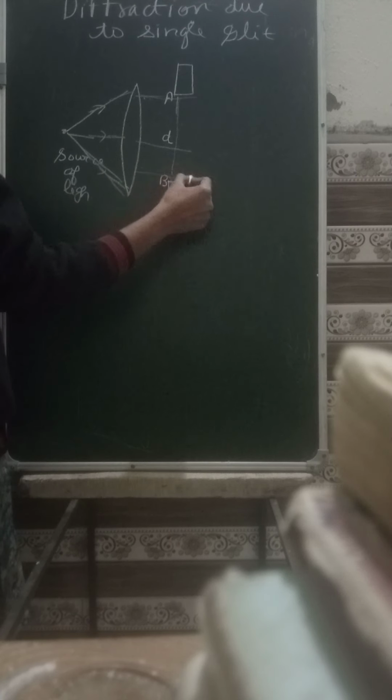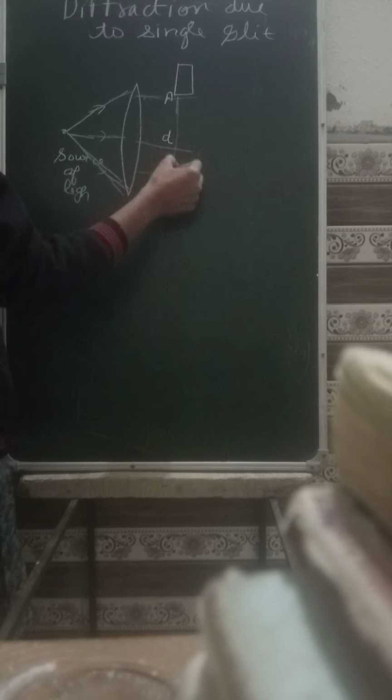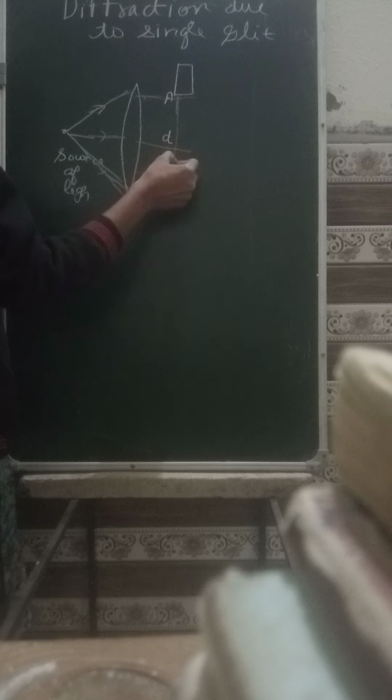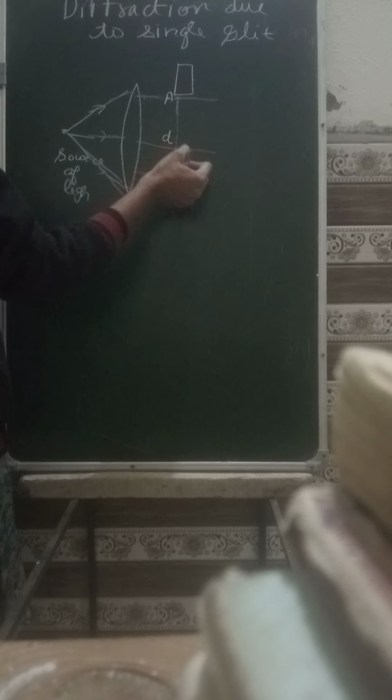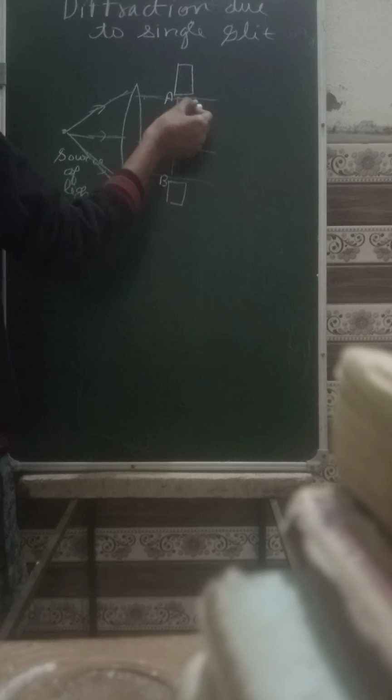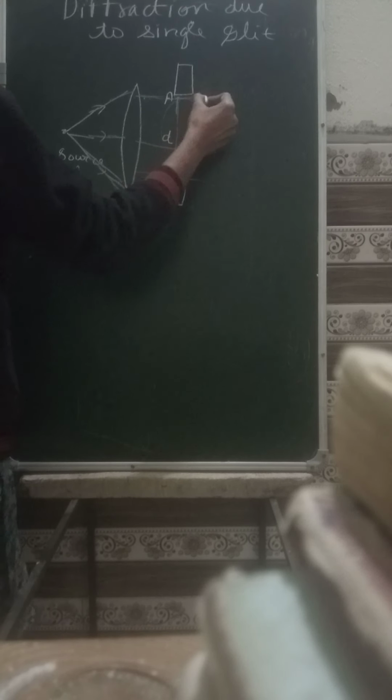When this wavefront passes through this slit AB, then, according to Huygens principle, all the points on AB will act as a source of secondary wavelets, which will later provide us a wavefront.